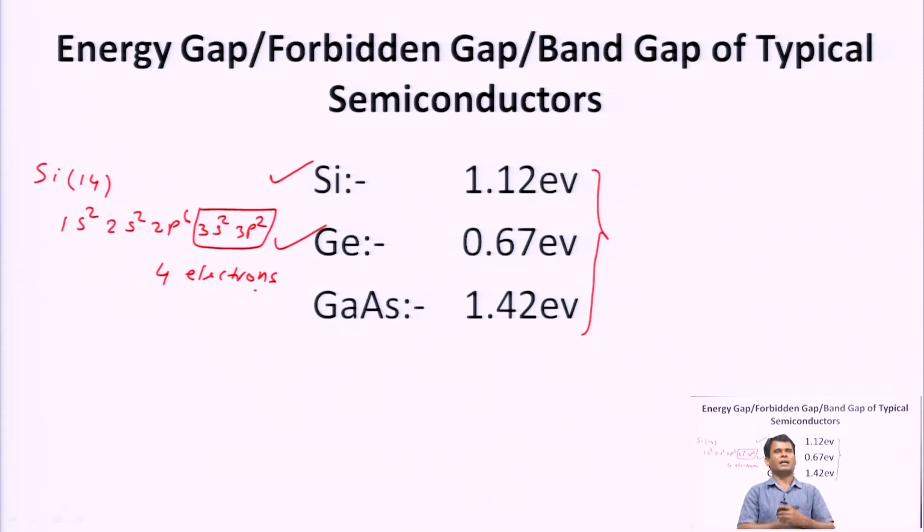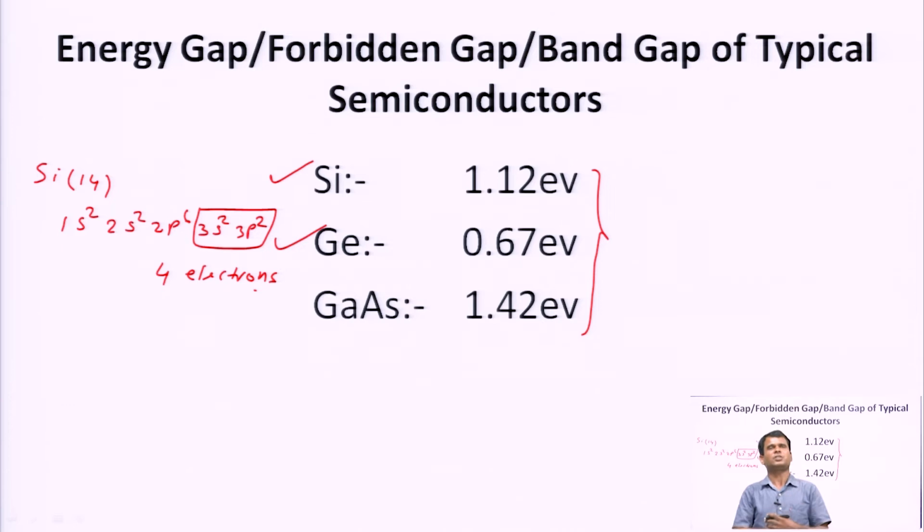us know that every element wants to fulfill its duet or octet to increase its stability. So, in order to increase the stability, silicon forms 4 covalent bonds with the 4 neighboring silicon atoms, and it becomes a silicon crystal.